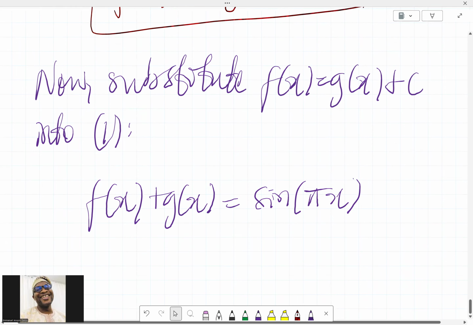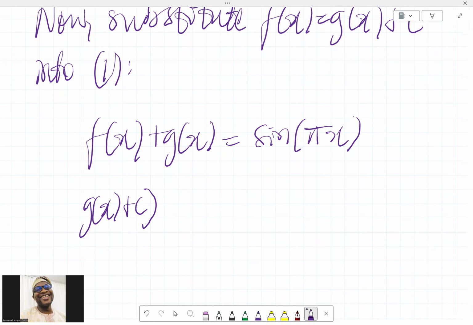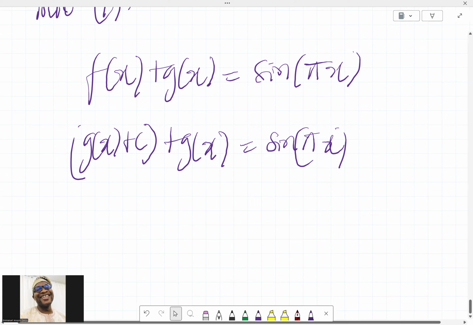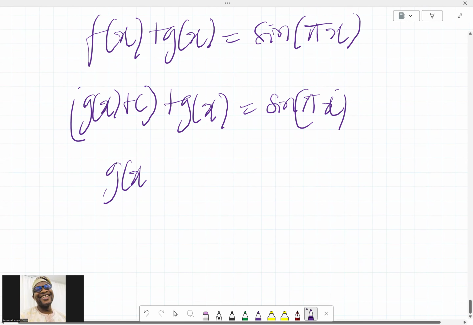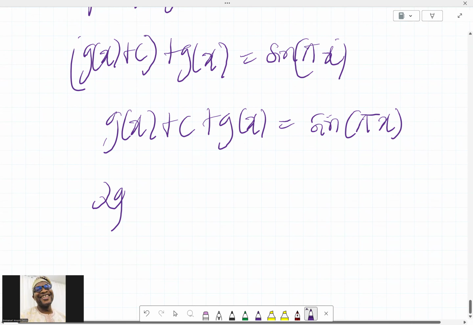Anywhere we see f of x, we put g of x plus c. So we have g of x plus c plus g of x equals sine pi x. That means 2g of x plus constant c is sine pi x.